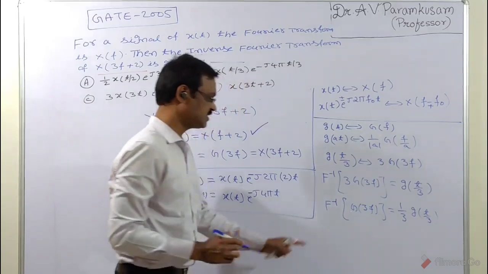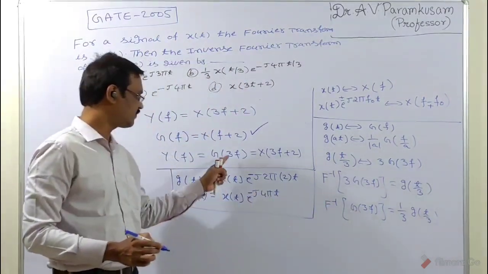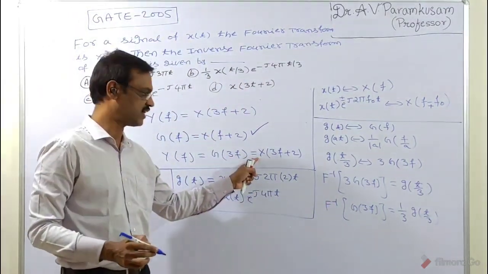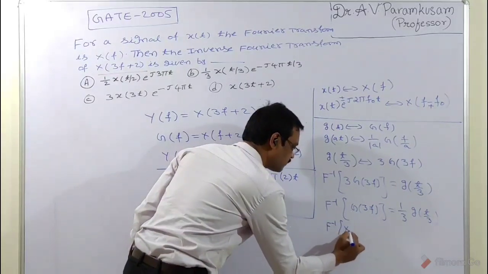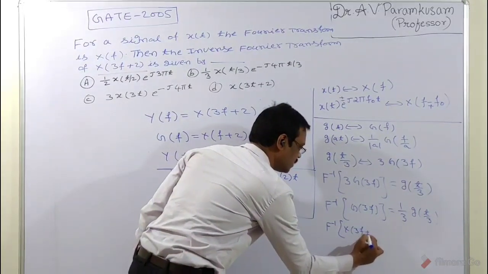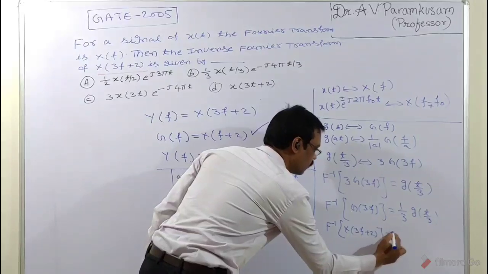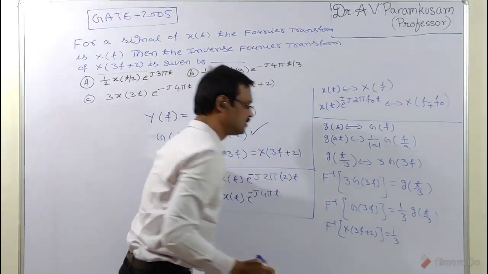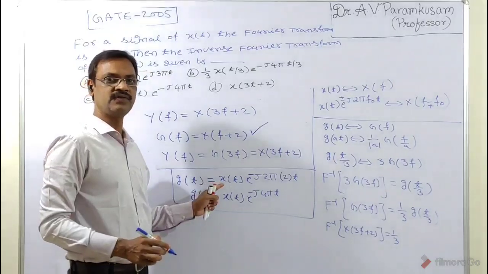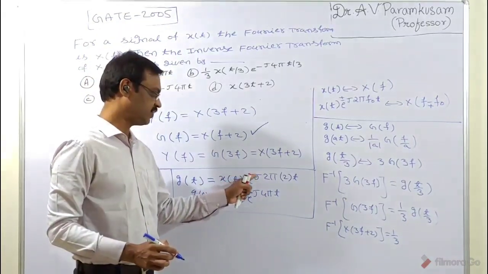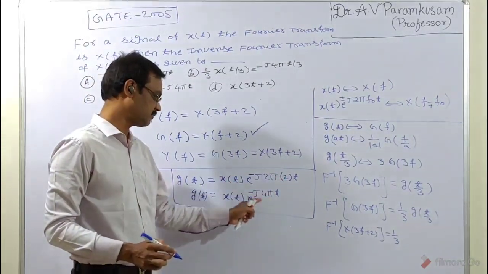Okay. What is g of 3f? G of 3f is nothing but x of 3f plus 2. So the inverse Fourier transform of x of 3f plus 2 is equal to 1 by 3 g of t by 3. But what is g of t? G of t is equal to x of t e power minus j 4 pi t, no?